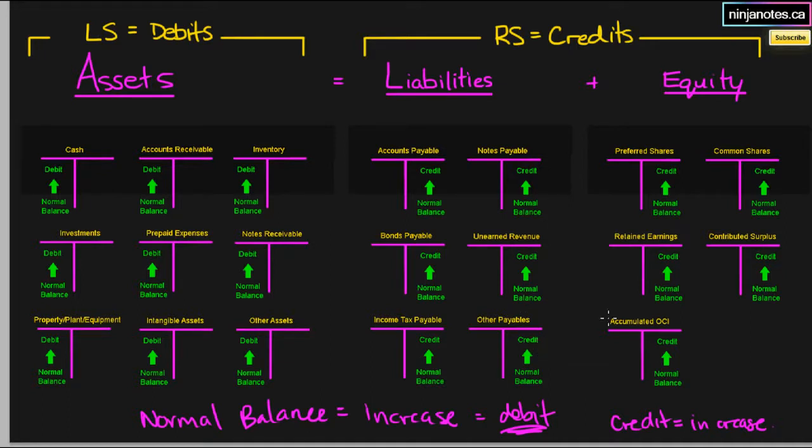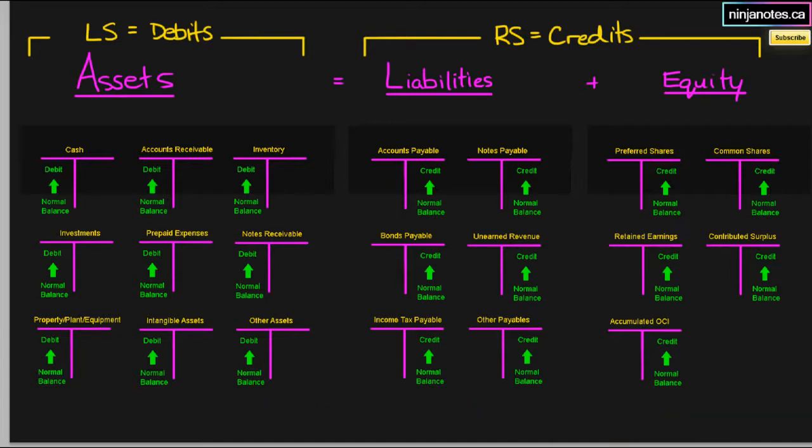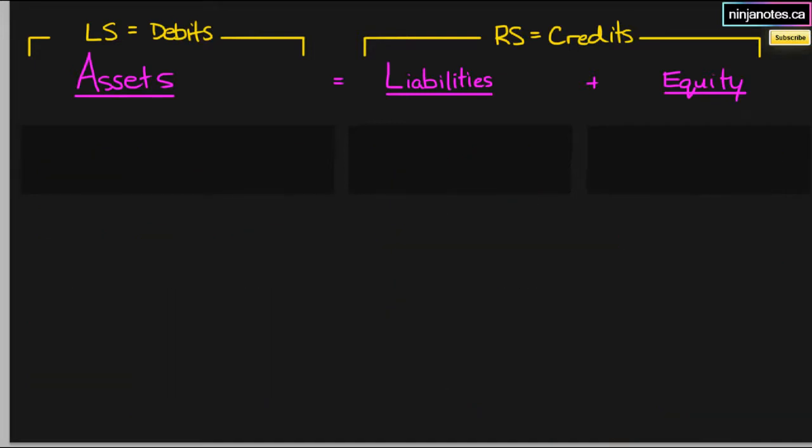Okay, let's move on to the next parts, which are some of the more confusing and frustrating accounts, and they're actually known as the red accounts, which are revenues, expenses, and dividends. But let's just talk about revenues at the moment. So revenues, if you actually think about them, do they fall under assets, liabilities, or equity?